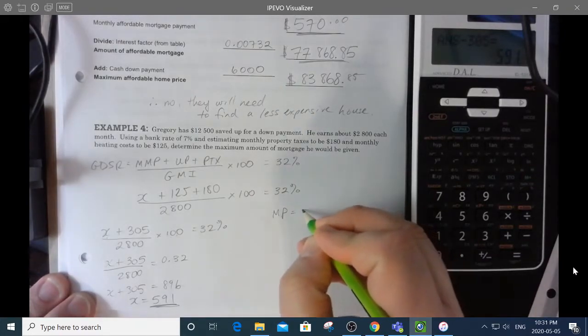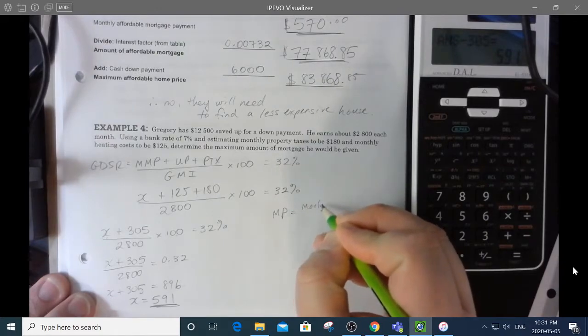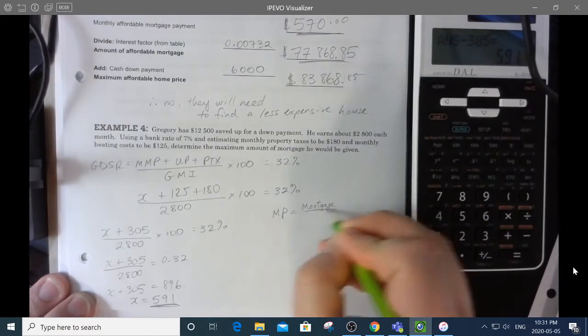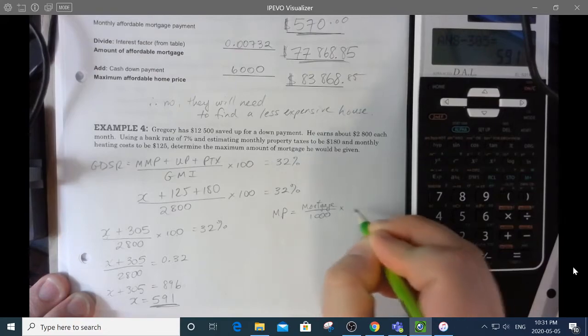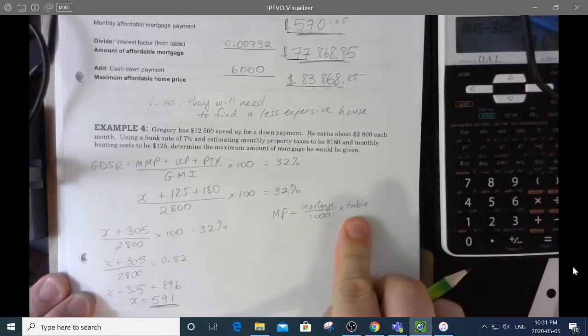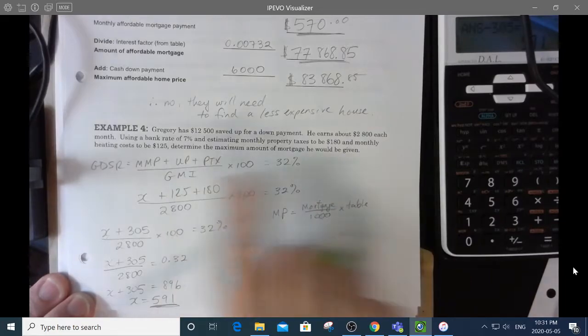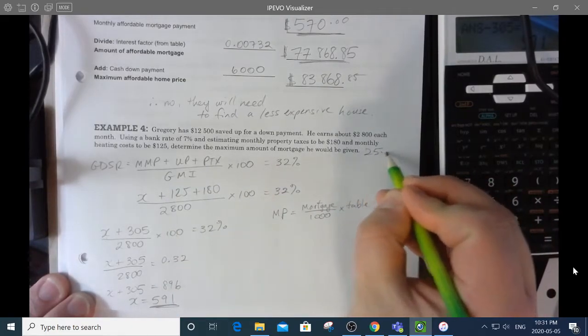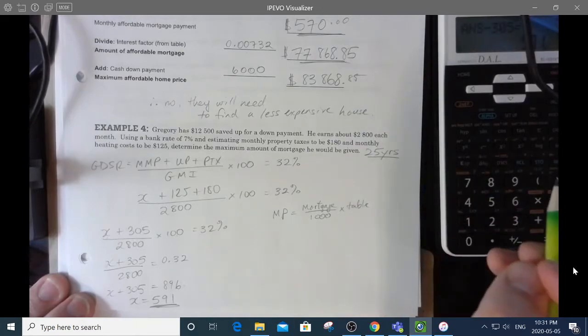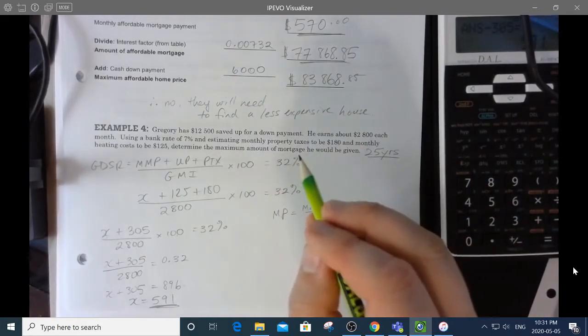The amount of the mortgage divided by 1,000 times my table number. Remember that? Now, I actually kind of already know the table number. It doesn't tell me that it's a 25-year mortgage, but look, it says that I want the maximum amount of mortgage he'd be given.